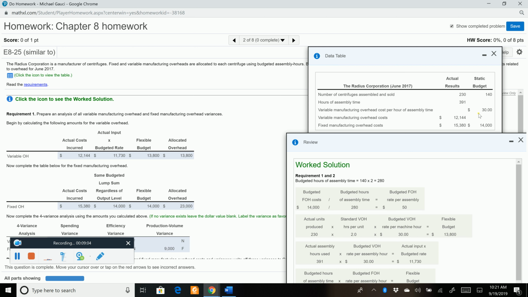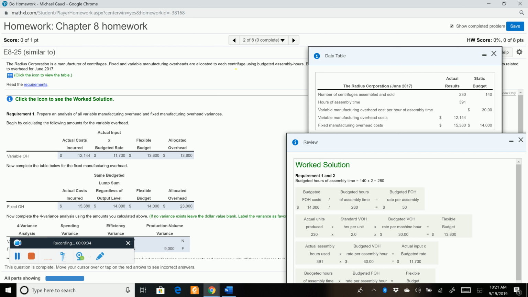And our original budget for overhead, predetermined overhead rate as we're calling it, $30 per hour. And we can see we have our actual variable and fixed costs, and we have our planning budget for the fixed. This was given to us. And so from this information up here in the data table, we are now required to do our level 3 variance analysis. So let's work on the variable first.